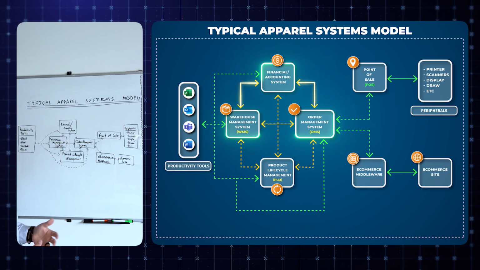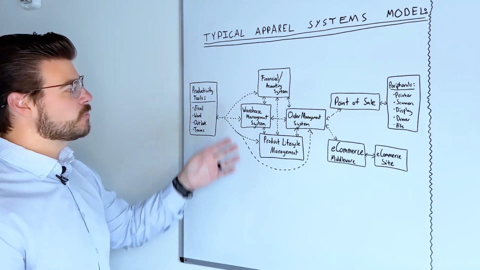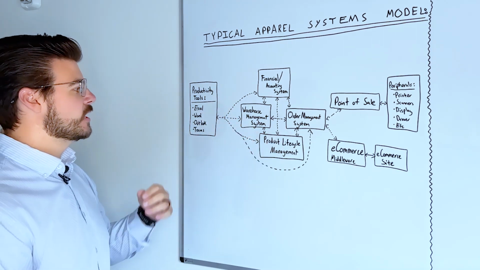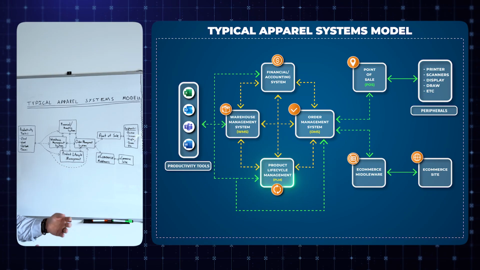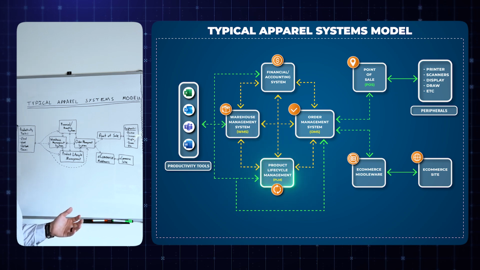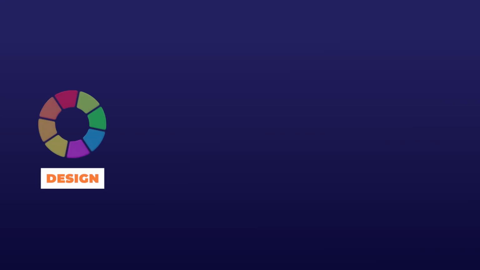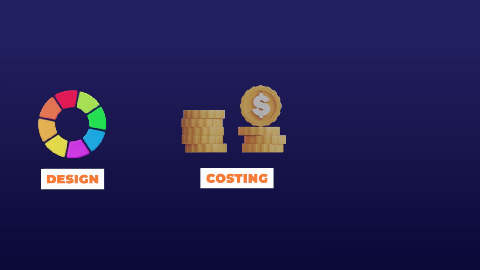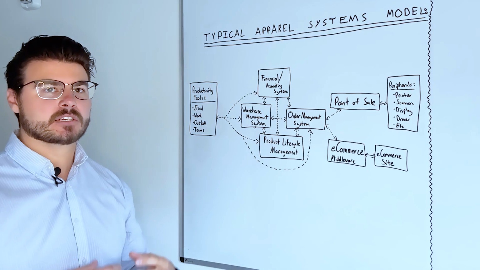This is typically a QuickBooks or running something in Excel even for all of your accounting needs, but manually pushing and pulling data from OMS and WMS into the financial system. And then down here on the bottom, you have your PLM, or product lifecycle management system. Normally with small and mid-sized businesses, we see this being done in Excel, but this is all of the design of the products, the costing of the products, the trialing of the products before they're actually ready to transact.